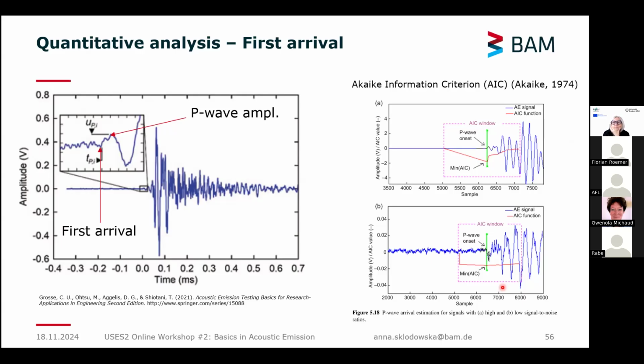It's not sensitive enough because, for example, the threshold might be higher and still record the data, but the first arrival is much earlier, and that introduces a lot of problems. Since in acoustic emission we have a lot of data, a lot of waveforms, it's impossible to do manual picking with the whole data set.